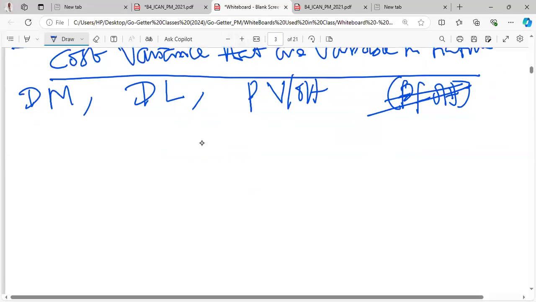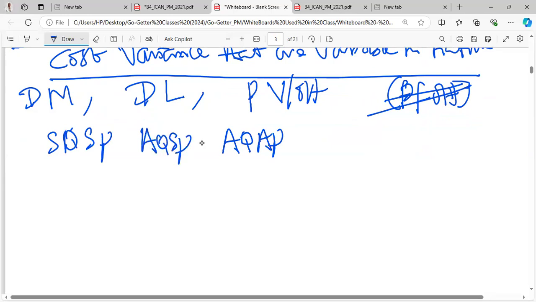So we have standard quantity, standard price, actual quantity, actual price. Then at the center, we have actual quantity, standard price. And we say for material, this is total direct material.